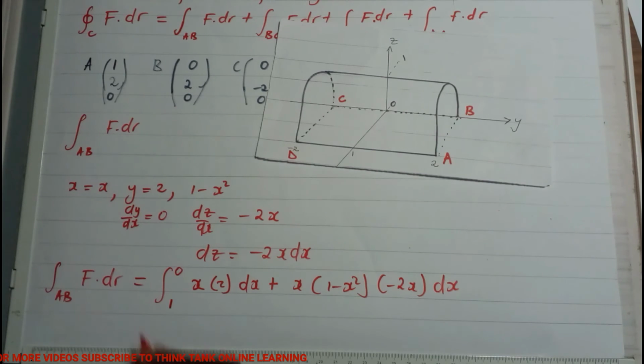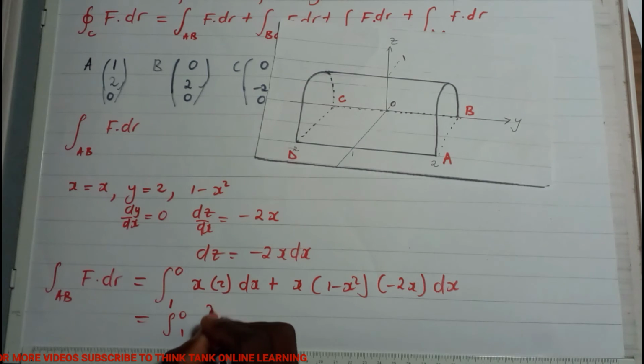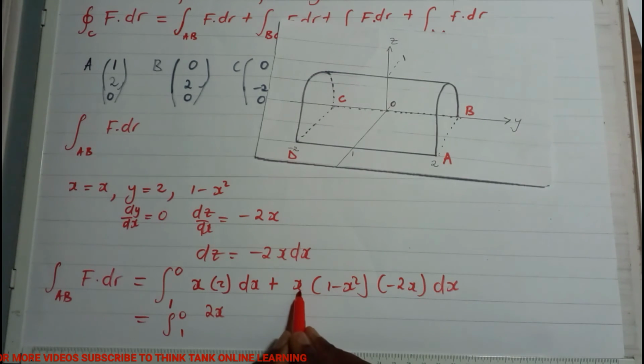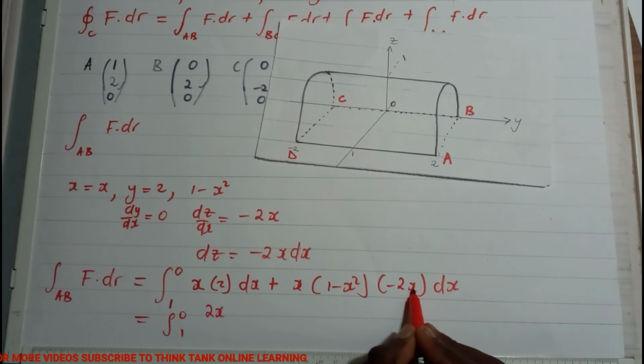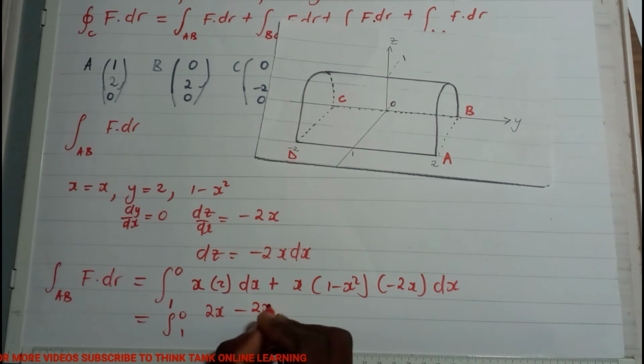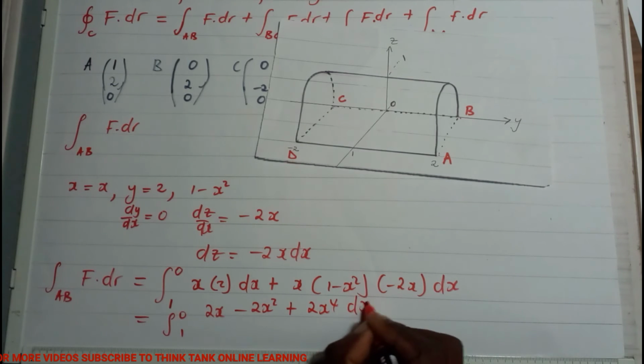Let's perform this integral. Factoring out dx, we get x times 2x, which is -2x squared times 1, so -2x squared, and -2x squared times -x squared gives +2x to the power 4 dx.